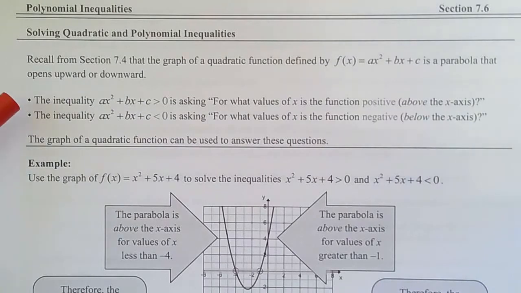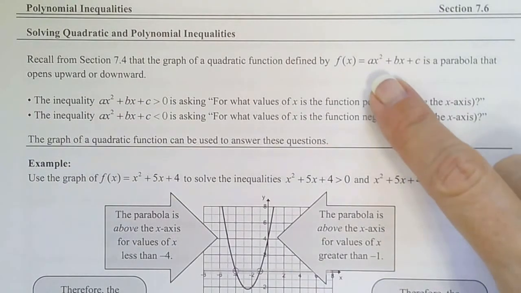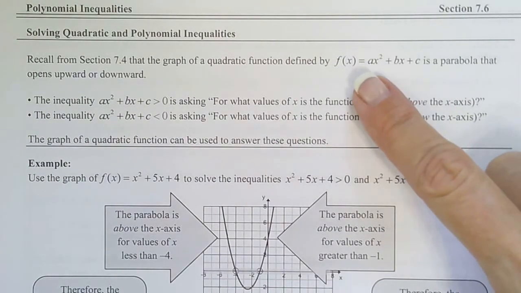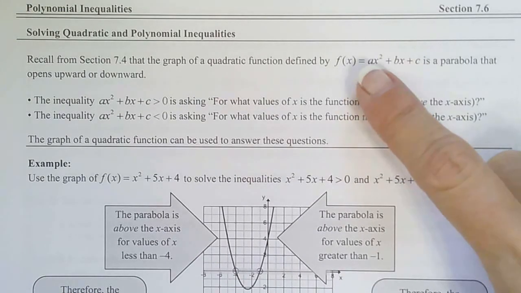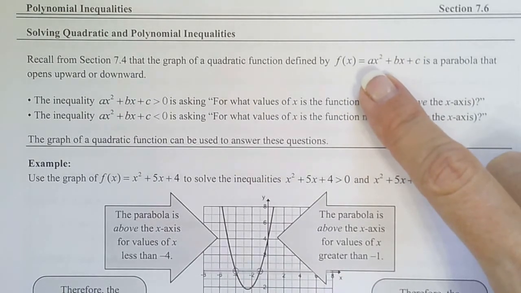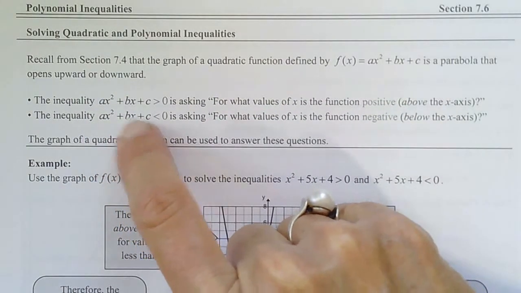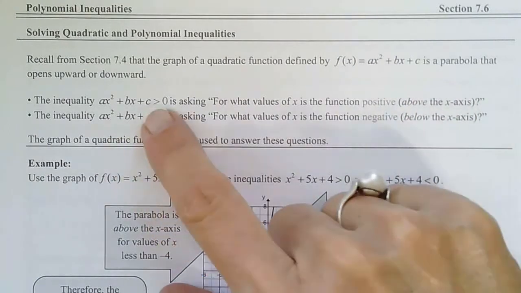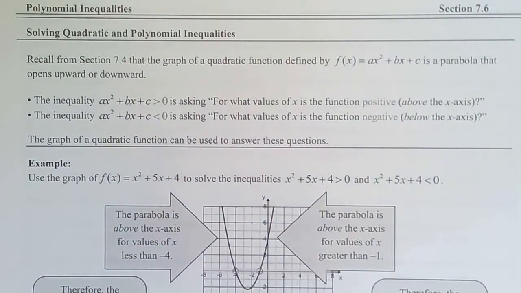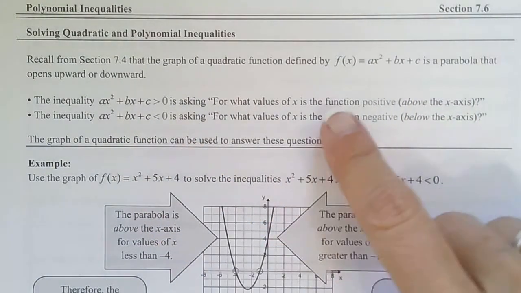So from 7.4, we learned that this is a parabola, and we learned that if A is positive, it opens up. If A is negative, it opens down. So when we have this same quadratic function saying greater than 0, we're asking when is the function positive?